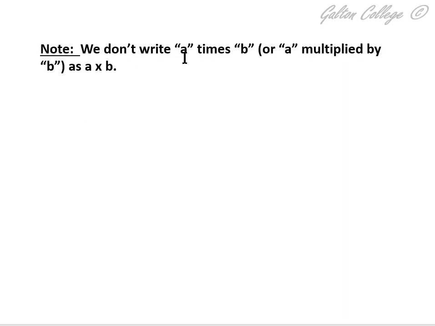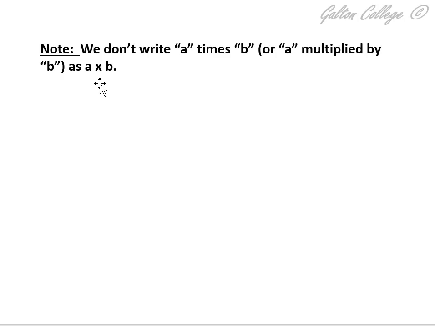Note here, we don't write A times B or A multiplied by B. We don't write them as A X B, because that was too confusing in algebra. We've introduced a new letter, X. Now, technically, in algebra, I suppose that would mean A times X times B. But X is not a number. X is an operator.